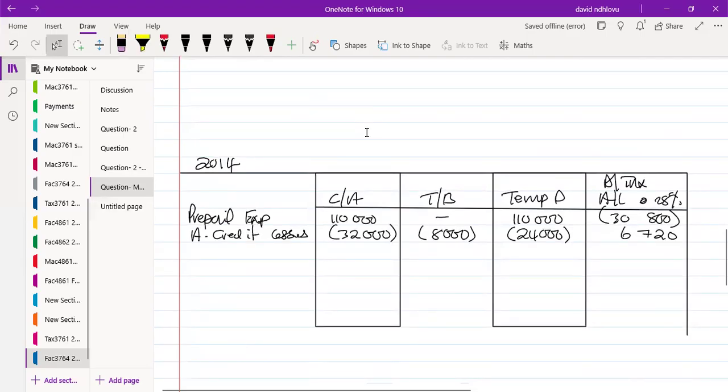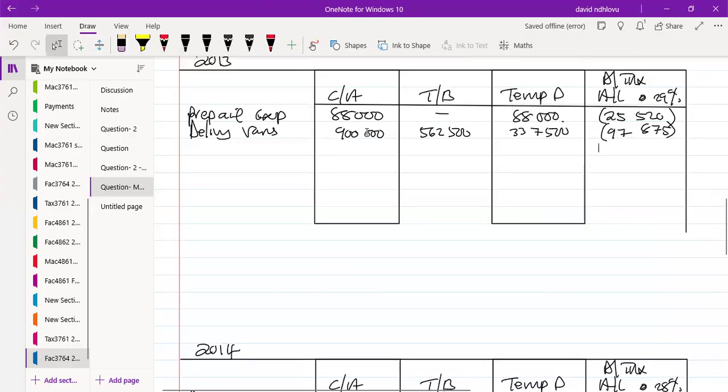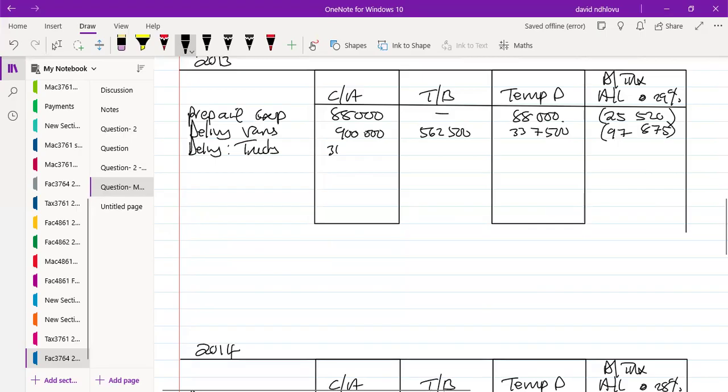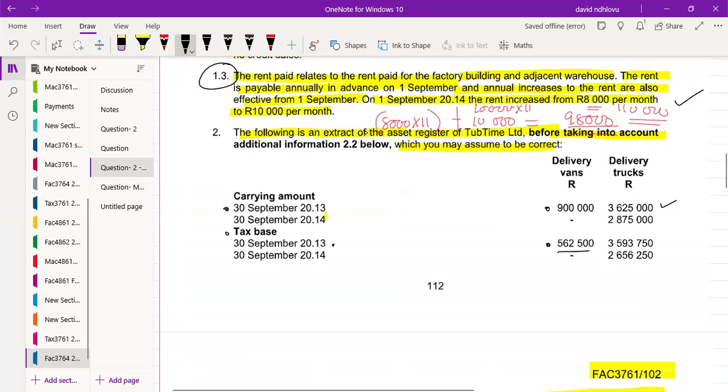We did not have those delivery vans, but we did have delivery trucks in the prior year as well. The delivery trucks were given, the value was 3,625,000 in terms of the carrying amount. Then the tax base was also given, it was 3,593,750.